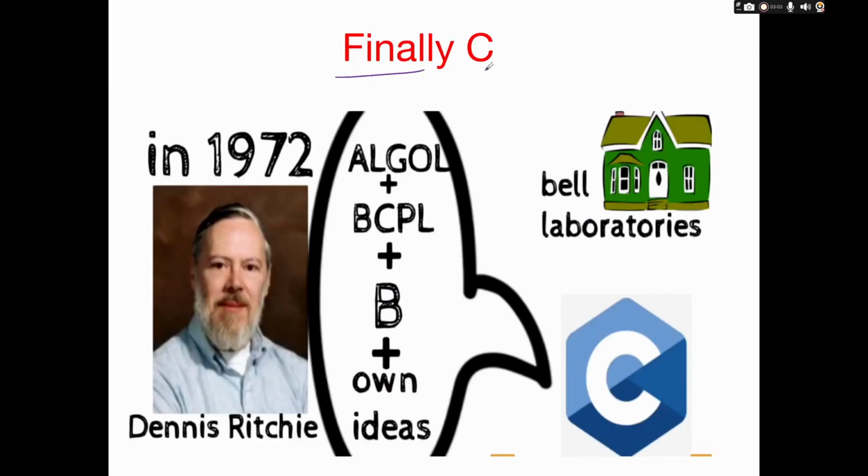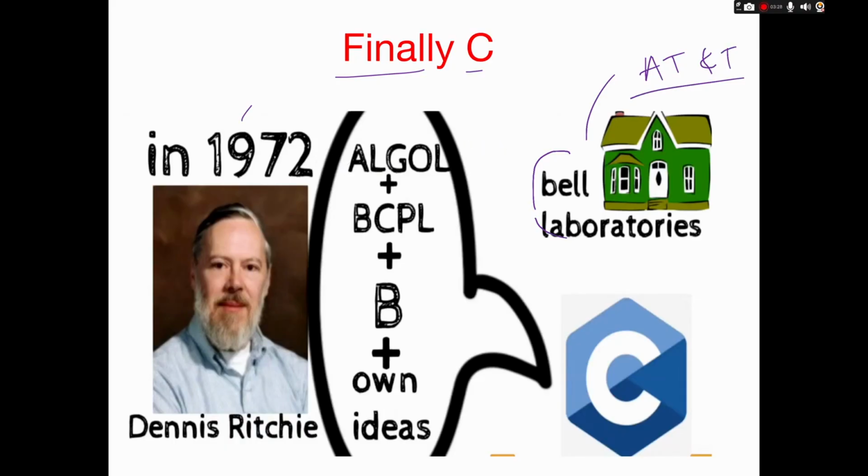And then finally C was developed, which was more acceptable, more standardized, you can say. In 1972, a person called Dennis Ritchie invented the C language in Bell Laboratories. This Bell is now called AT&T Bell Lab, which was one of the telecommunication providers in the United States.